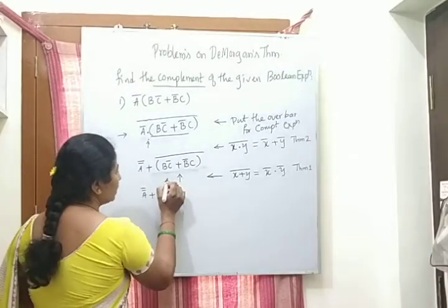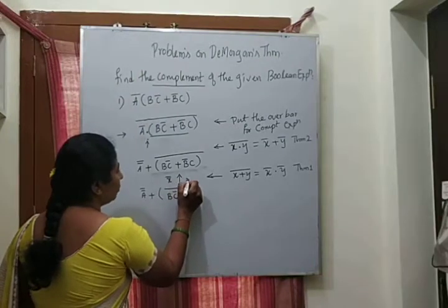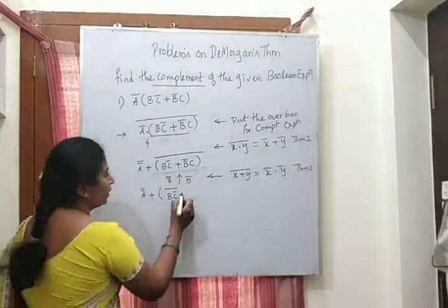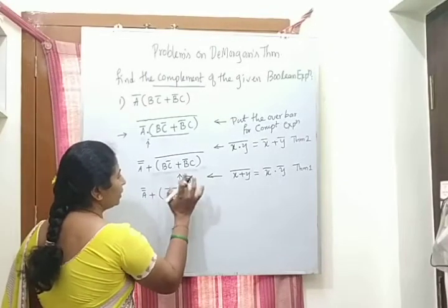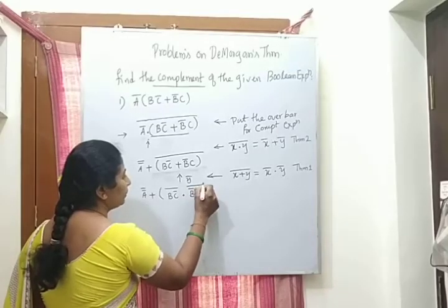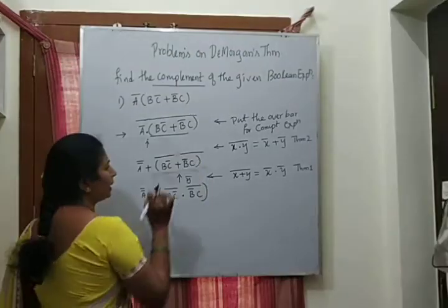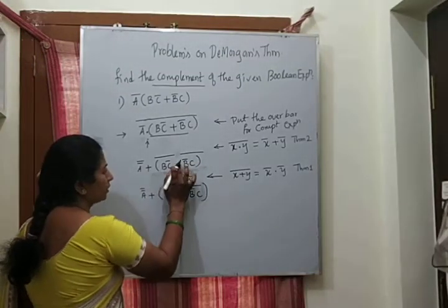That means now it will become x bar into y bar. This plus gets changed to dot. Then what is y bar? B complement C complement. That means this complete complement gets split into 2 parts. This plus gets changed to dot.